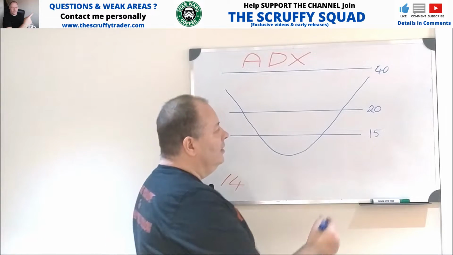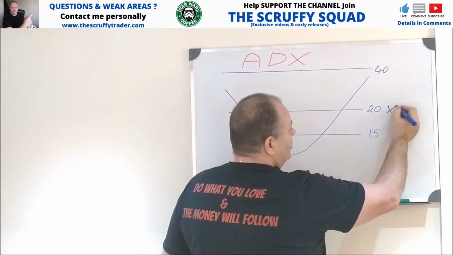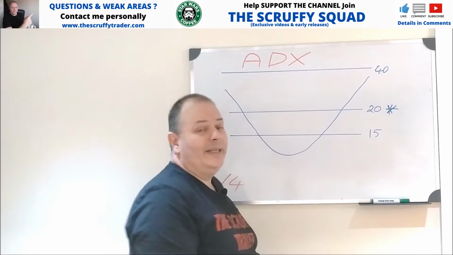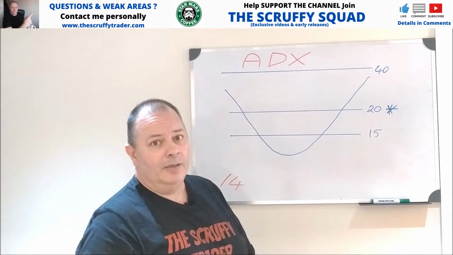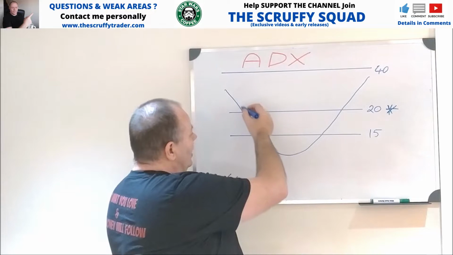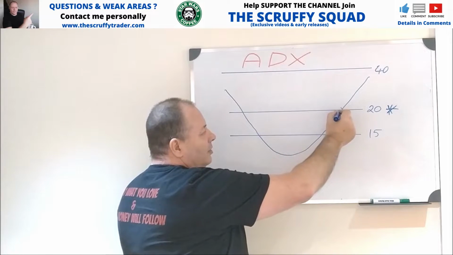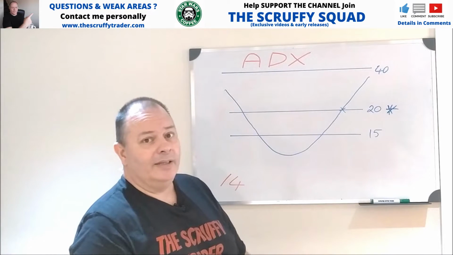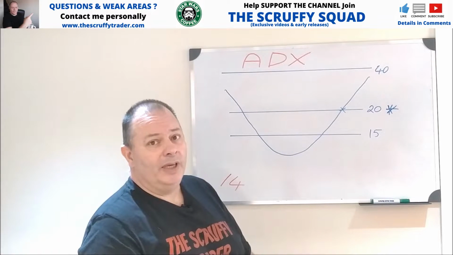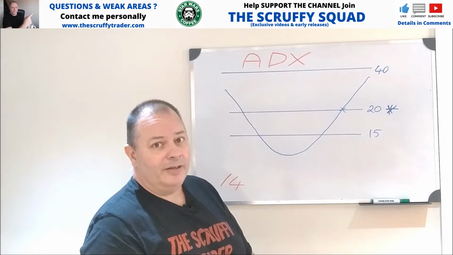Okay? The most preferred number is 20. And the belief is that as the ADX line crosses over the 20 line, it is now becoming into a trend.